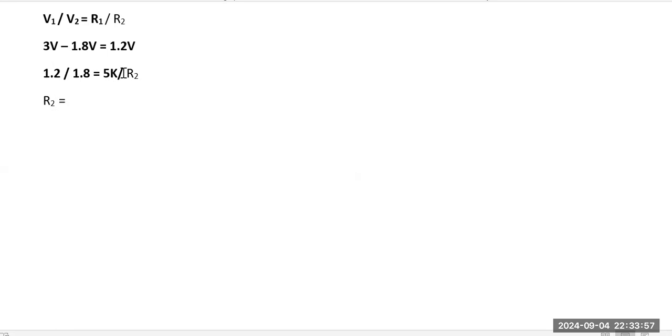If you arrange this formula, you find 5 kilo multiplied by 1.8 divided by 1.2. Okay, now I will multiply 5 by 1.8 divided by 1.2. You will get 7.5 kilo ohm. This is your answer.